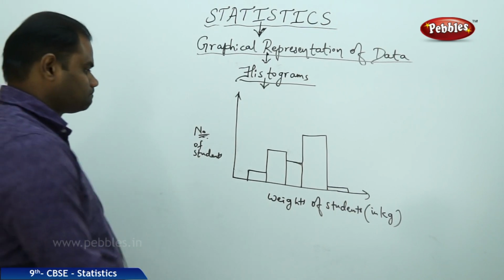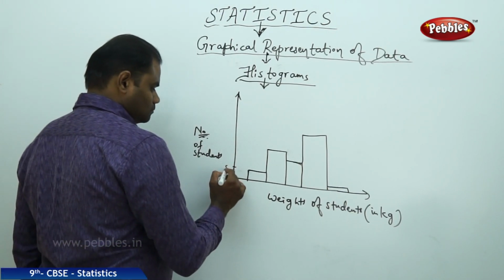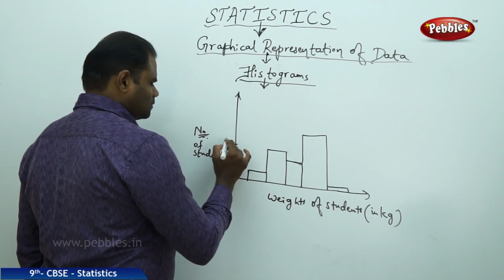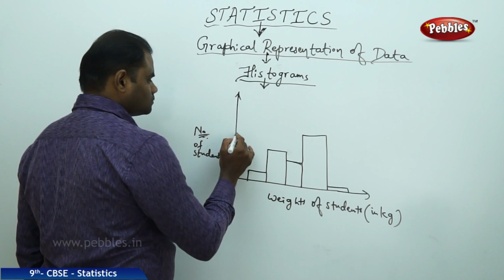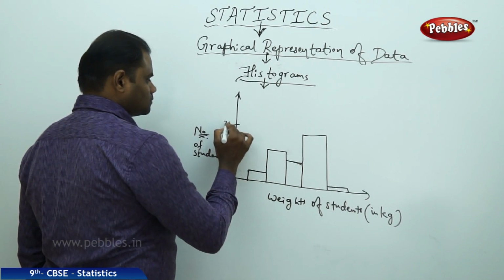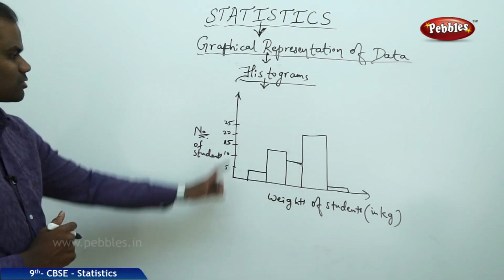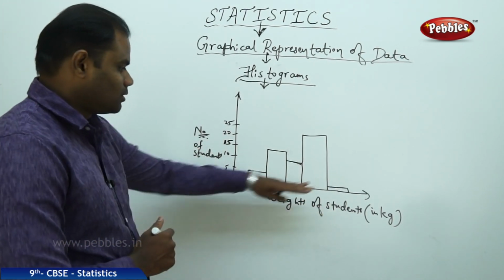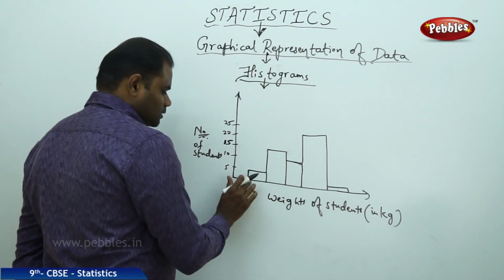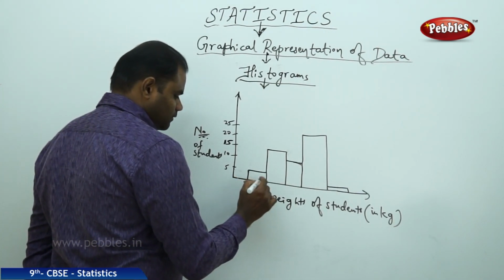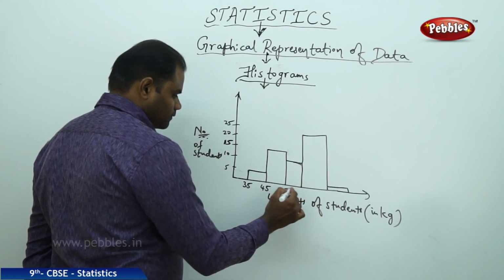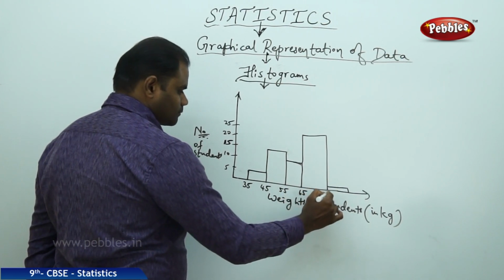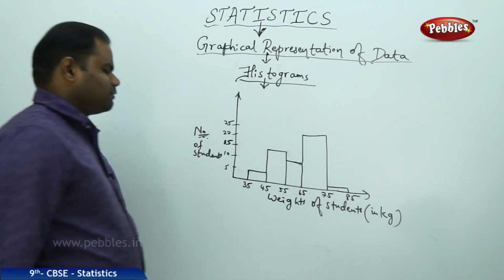In a class of 25 students, I want to take the weights of students in kilograms on the x-axis in such a manner that I start from 35, 45, 85.